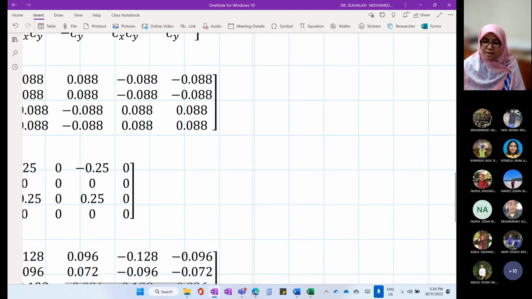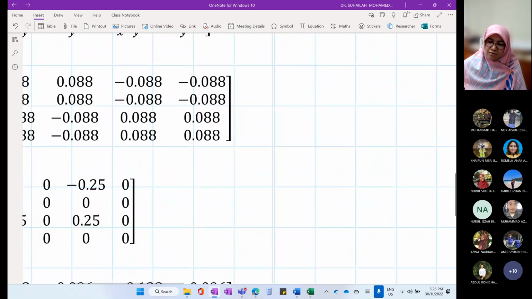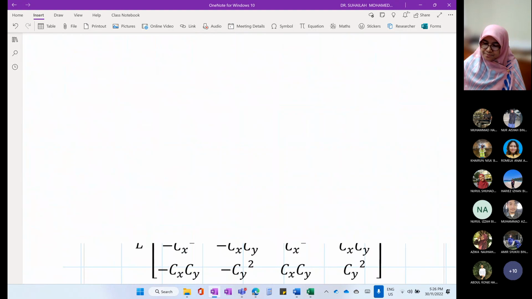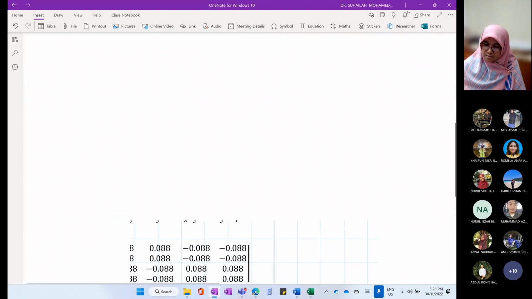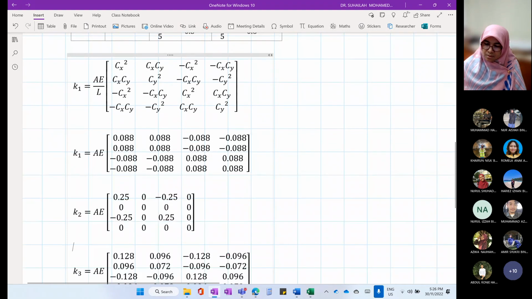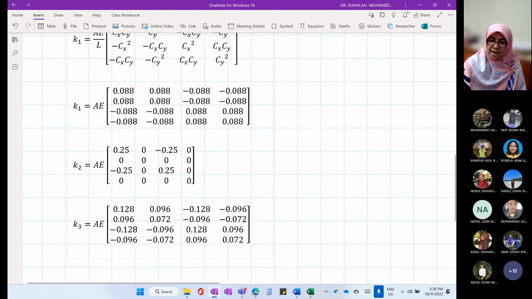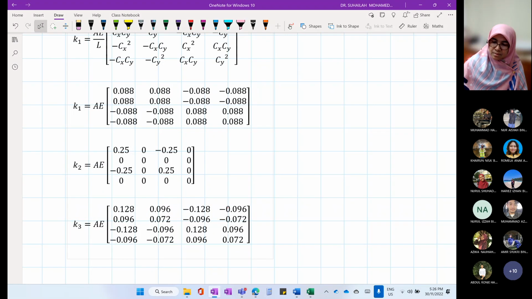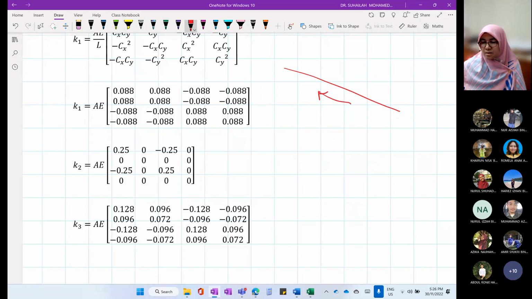For example, element number 1 is like this. The arrow is like this. So this is near, this is far.